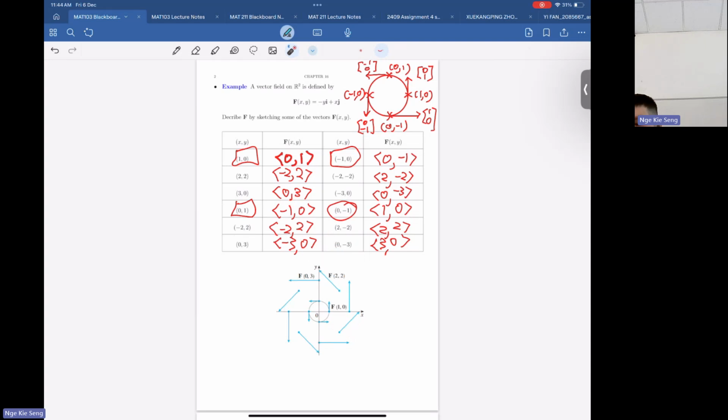This is how you should imagine this vector field. These arrows are trying to push things. If you put a particle here, it will get pushed by this rotational vector field.